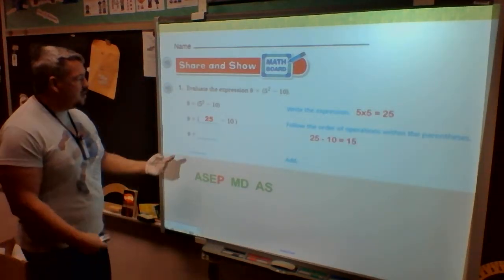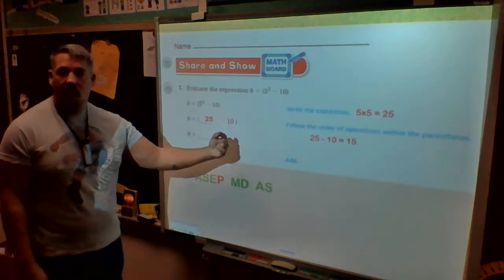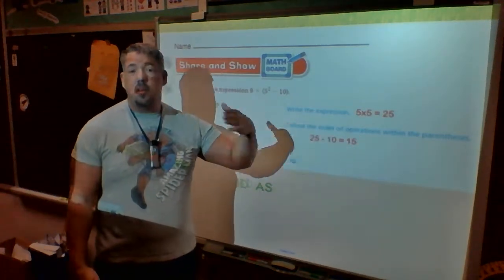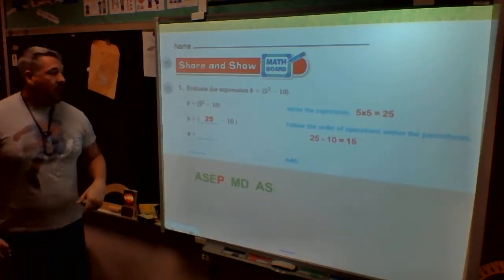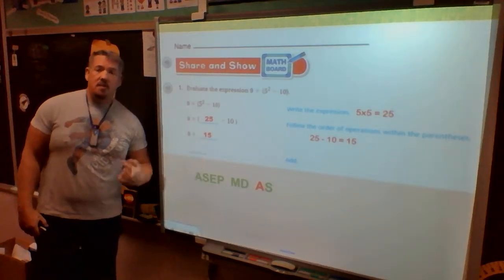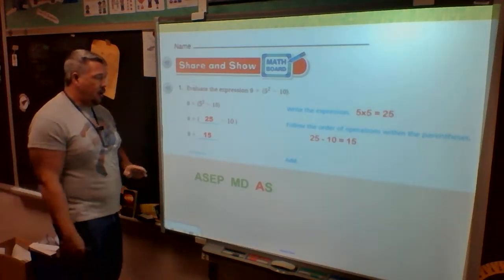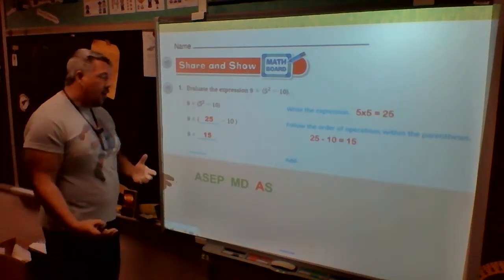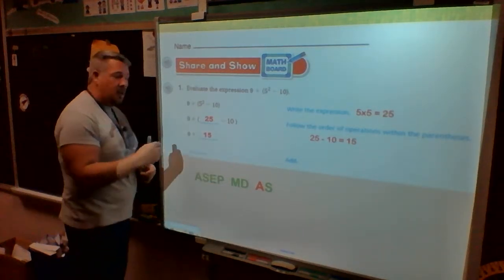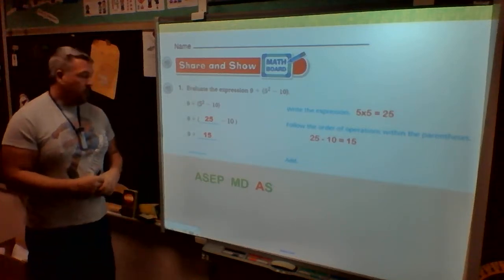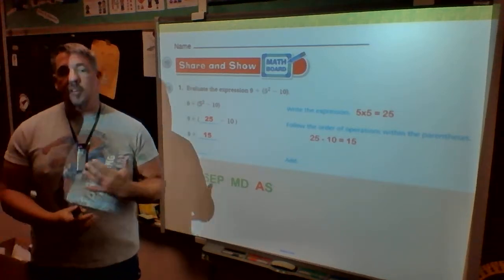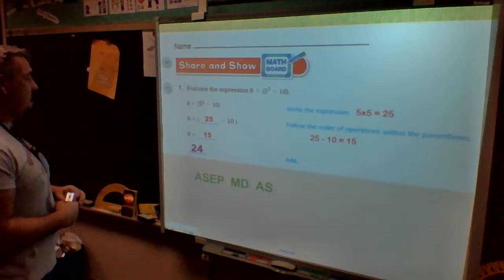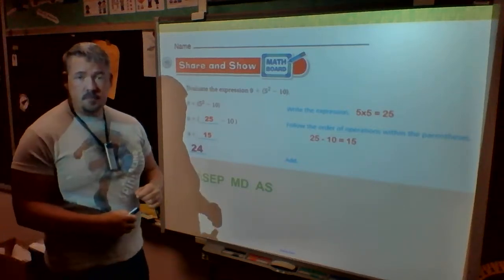So my parentheses tell me I'm taking 25 minus 10. 25 minus 10 is 15. I'm going to take that answer and plug it in where the parentheses were and rewrite my math problem. I'm still going to keep my 9 plus, because that's the only thing that's left. And then I'm going to change what was in parentheses into my 15. Then I'm left with basic addition, 9 plus 15, which is indeed 24.